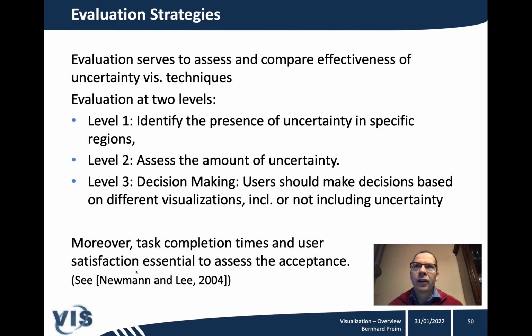People tend to prefer easier visualizations. But nevertheless, it is important to understand how strong this effect of a maybe reduced user satisfaction is, because at the end, of course, visualization techniques incorporated in a product that have no user acceptance cannot work as well.